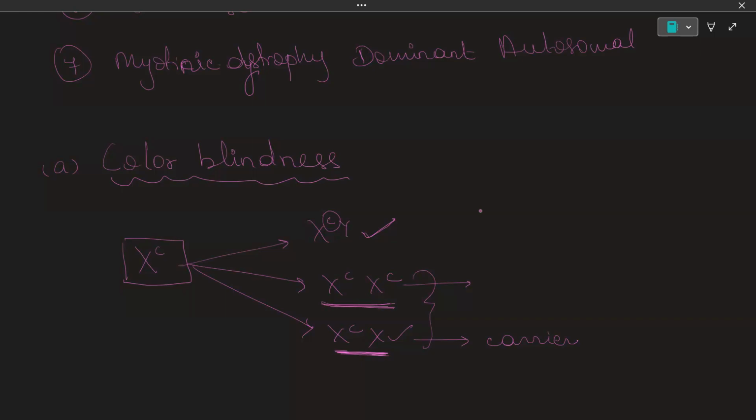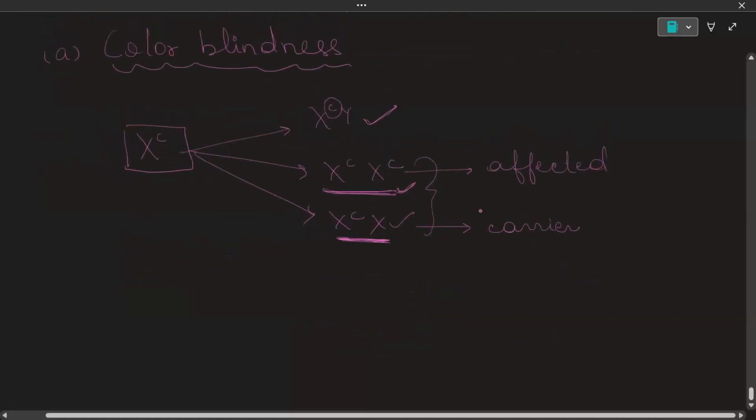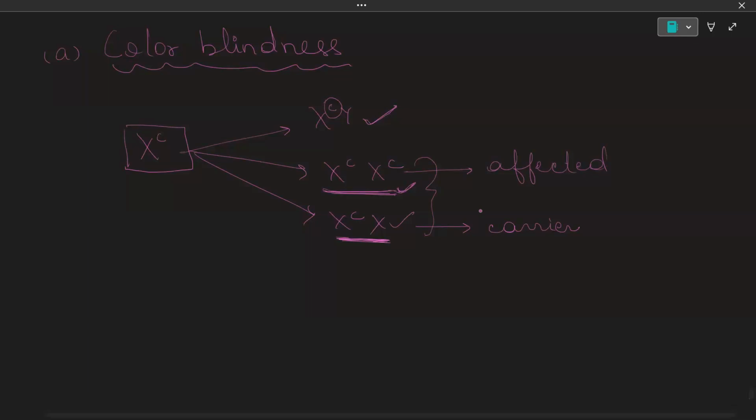When the female has both, meaning the homozygous condition, she will be an affected female. But if only one of the genes is there, she will be a carrier female. In males, the defect appears because of the single recessive gene only, because the other chromosome is the Y chromosome and there is only one X chromosome.